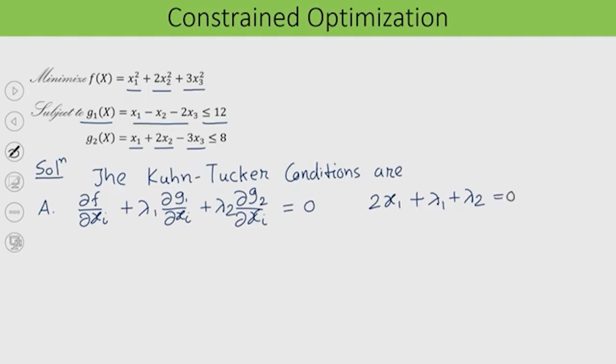Then the next equation we are getting 4 x 2 minus lambda 1 plus 2 lambda 2 equal to 0, and the third equation we are getting 6 x 3 minus twice lambda 1 minus 3 lambda 2 equal to 0.